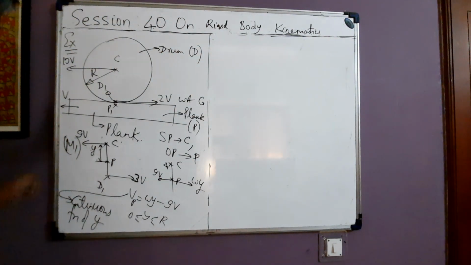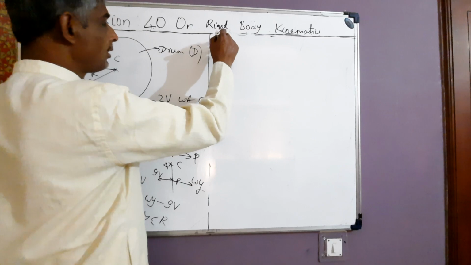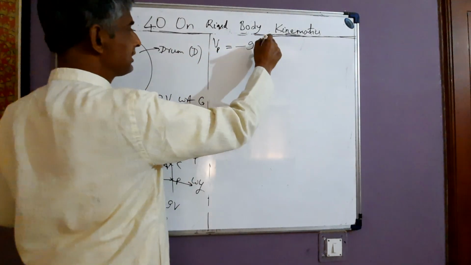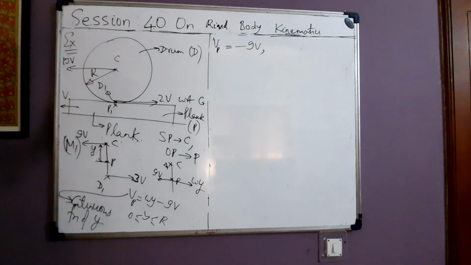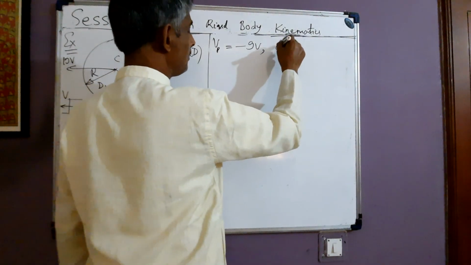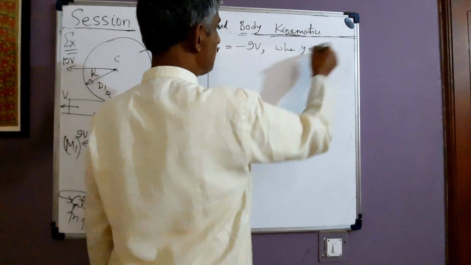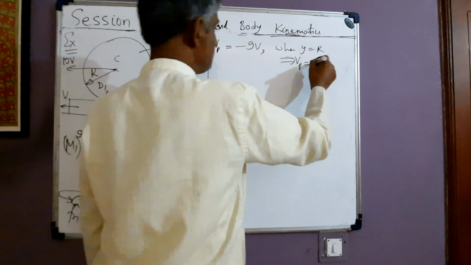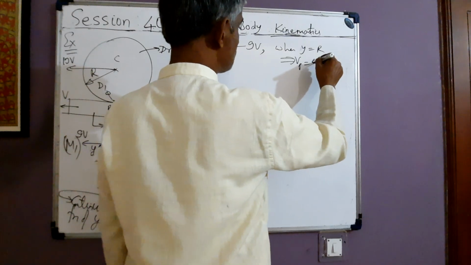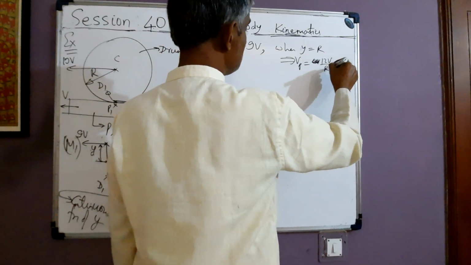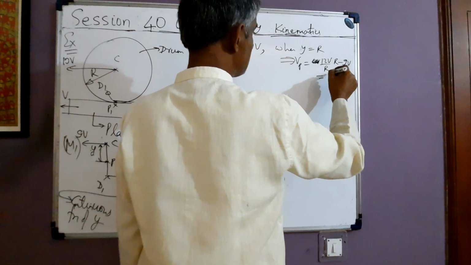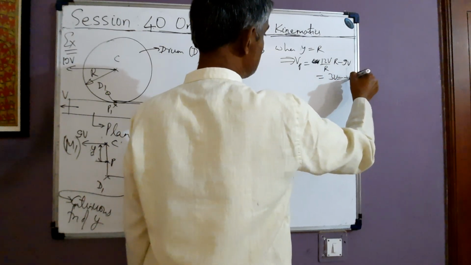So now see, when y is 0, VP is equal to how much? Minus 9V, negative. And when y is equal to R, VP becomes what? Omega is 12V by R, as I determined just now, into R, minus 9V. That is, it becomes 3V, which is a positive quantity.